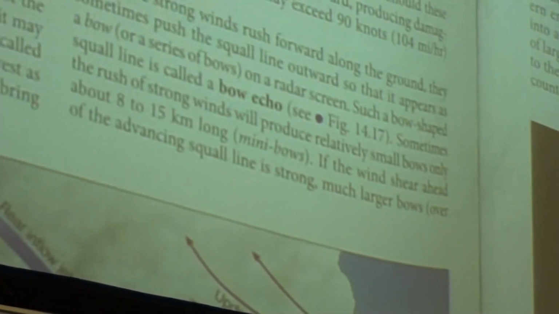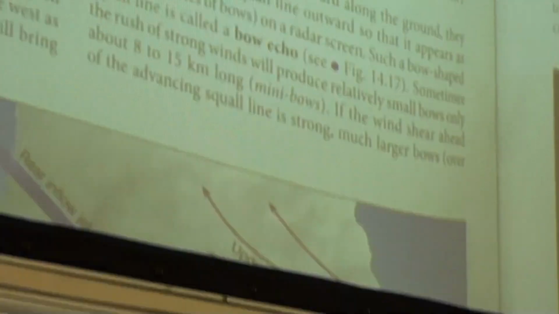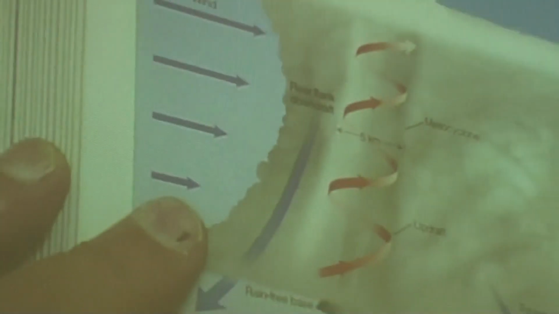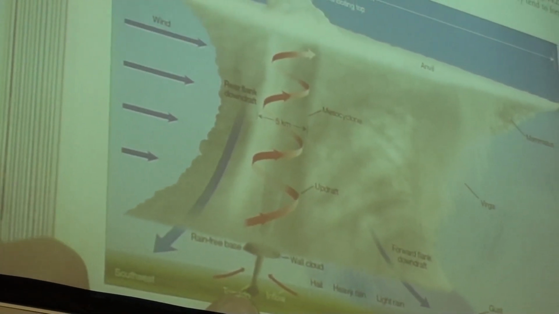Okay. And so this instability then can give rise to very strong storms and can also produce tornadoes. And so in order to get a tornado, what you need is what we call wind shear.